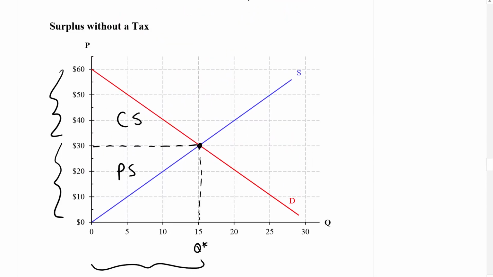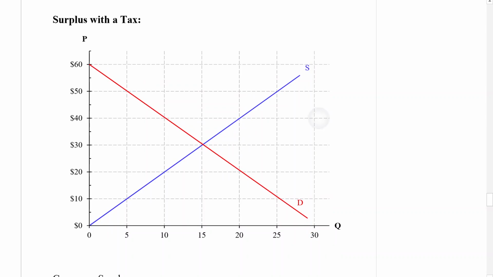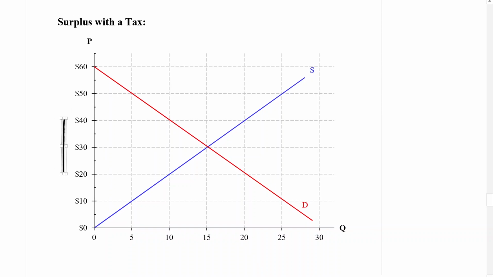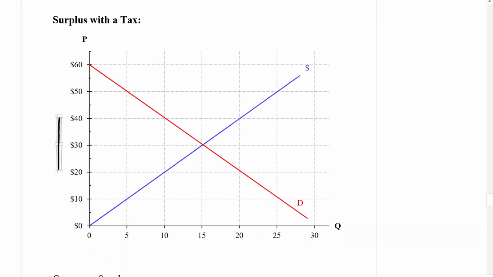Okay, that's a simple one. That should be our refresher. But what happens if we put a tax into place? Like we said, it doesn't really matter if it's buyers or sellers, but let's put a $20 tax. Remember, a tax can really just be thought of as a wedge between the buyers and sellers.